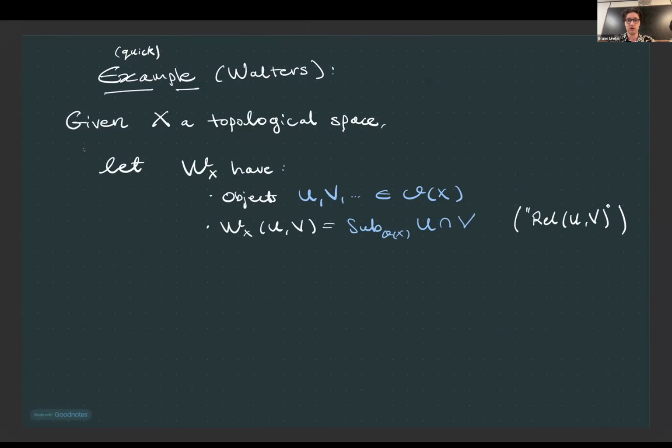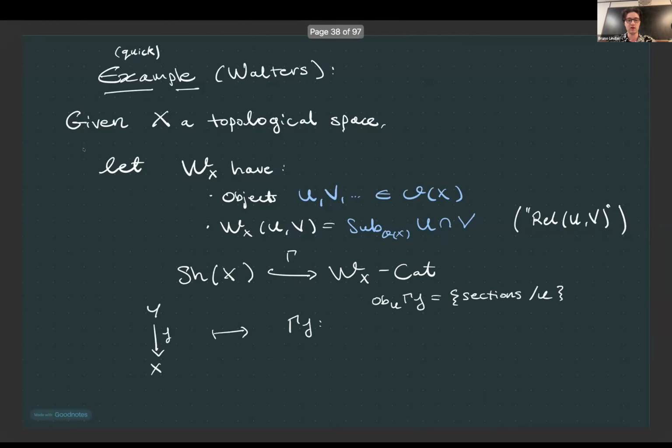And then it turns out that if you give me a sheaf on X, in the usual sense, there's a way to construct a category enriched in this thing that I've called WX here, although that's not traditional notation. The idea is that I'd start with a sheaf, which I've written as an étalé bundle.